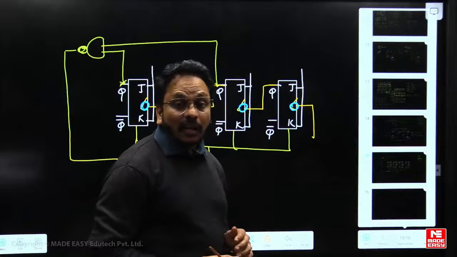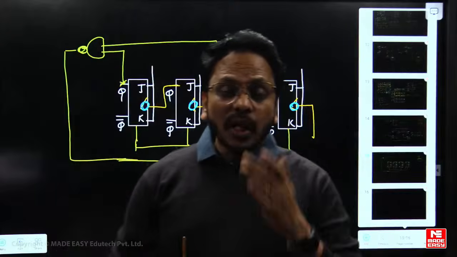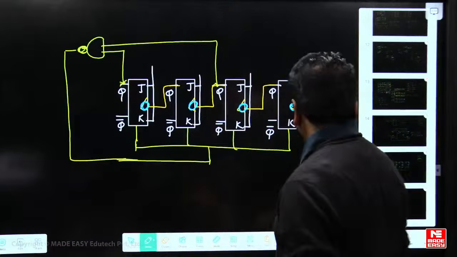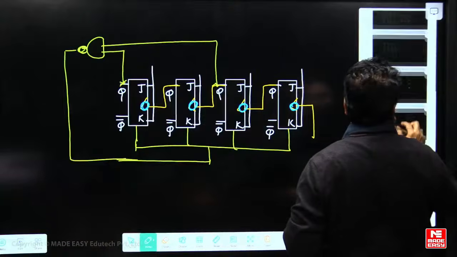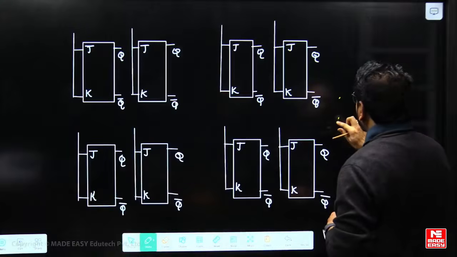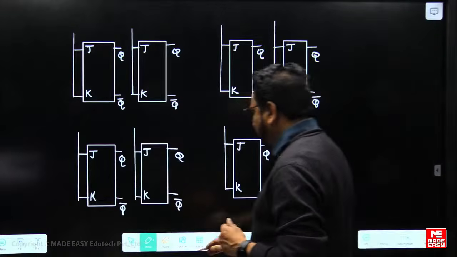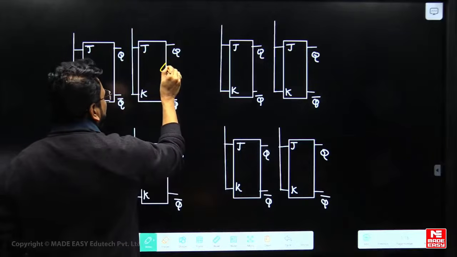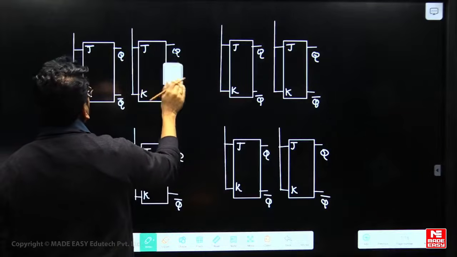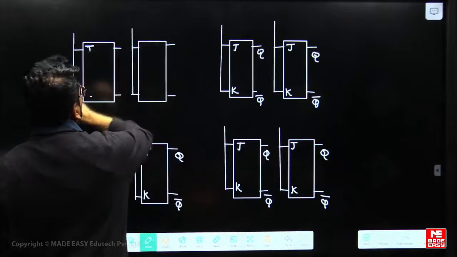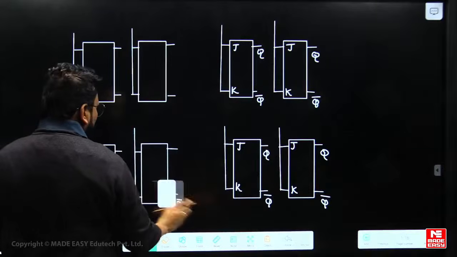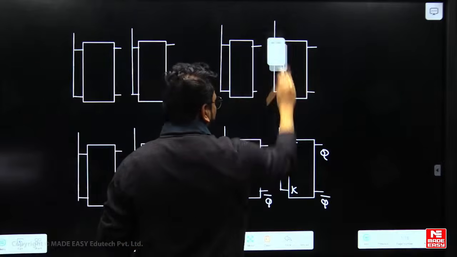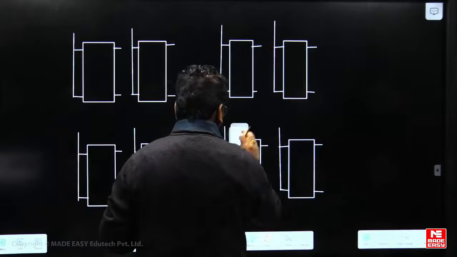That is okay, sir. But whether it is an up counter or down counter, how can I say, sir? Yes, that can be done based on this particular short technique, my dear. Carefully observe. Here, we are connecting like this. Say for example, here I will take the inputs from this side.